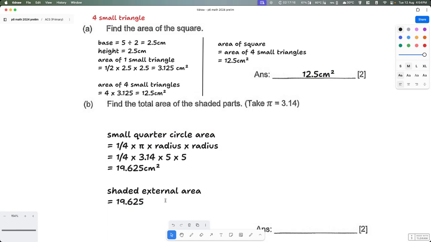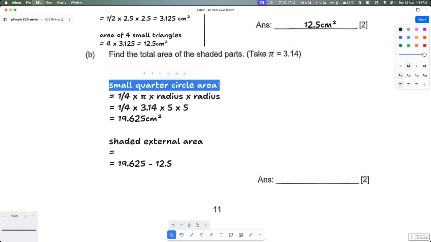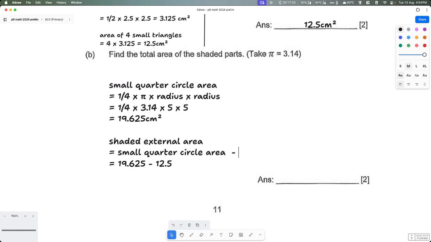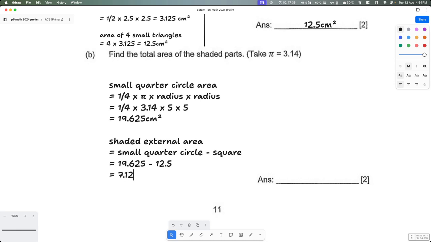So the external shaded area is basically the small quarter circle area minus the square. I'm just going to write it like this. Using my calculator, minus 12.5 will give us 7.125 centimeter square.